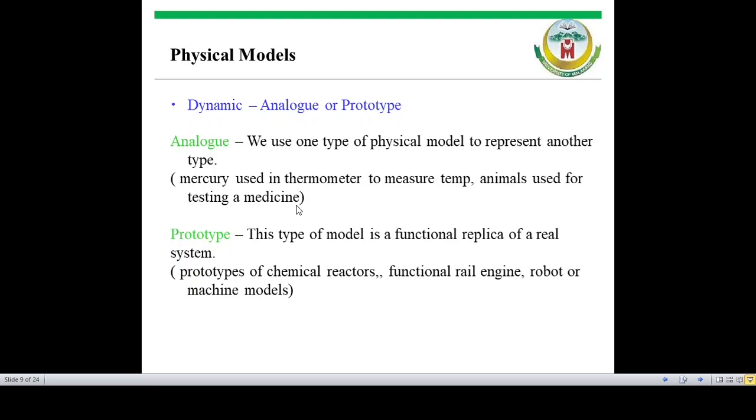These are analog models. And a prototype is a functional replica of a real system. This is important. Prototypes are functional copies of a real system. For example, prototypes of chemical reactors, a functional rail engine, robot or machine models. Prototypes are functional models.